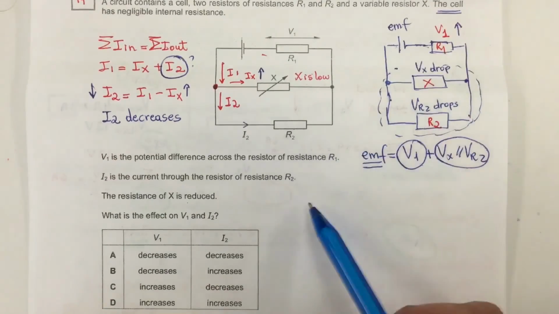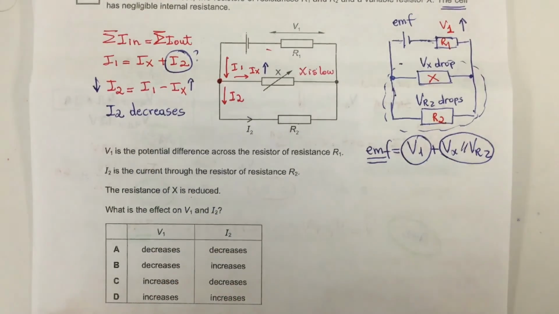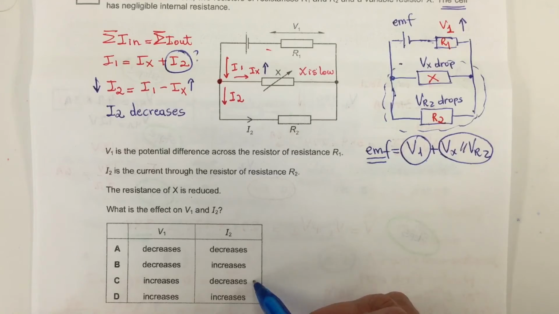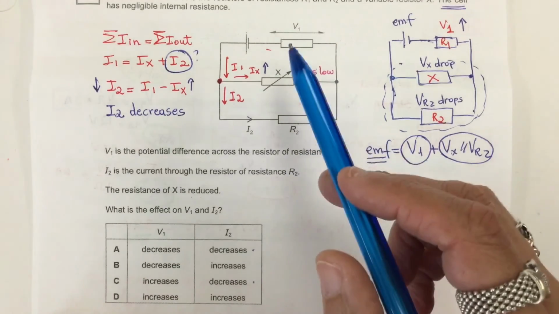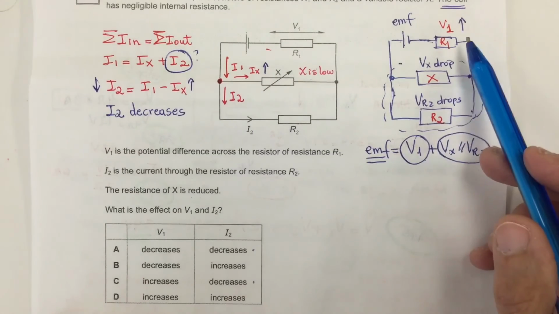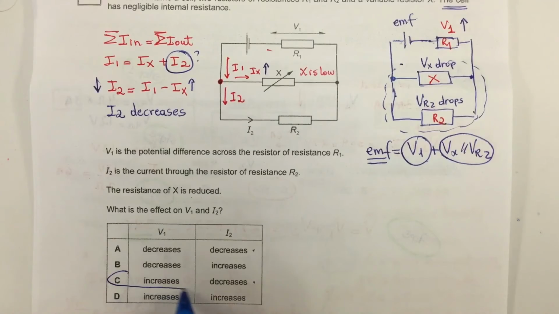So to answer this question, what is going to happen to I2? I2 is going to decrease. So we have this option and this option. And what is going to happen to V1? V1 is going to increase. So that will be the correct answer, C.